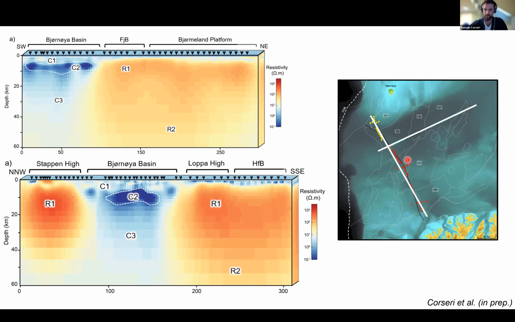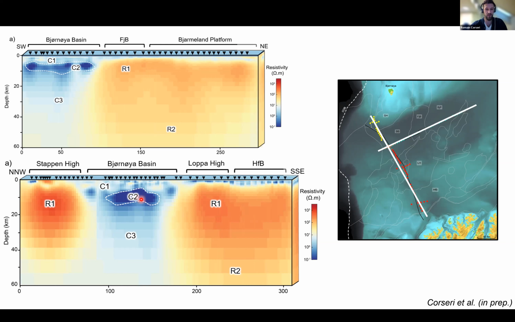This is the part of the electrical resistivity model that goes in the perpendicular direction. You can see this model crosses the Björnøya basin, and you can recover a similar feature. The highly resistive crust is recovered properly, but when we move on to the hyperextended basin, and as expected from the synthetic test, the resistive crust vanishes, and what we can see is a prominent conductor at about 10 to 15 kilometer depths reaching 0.1 meter.